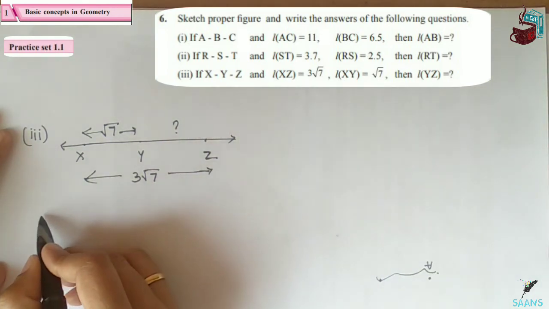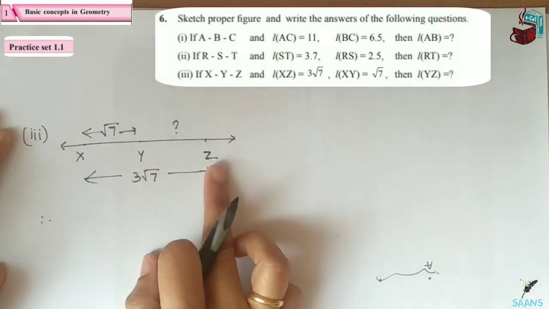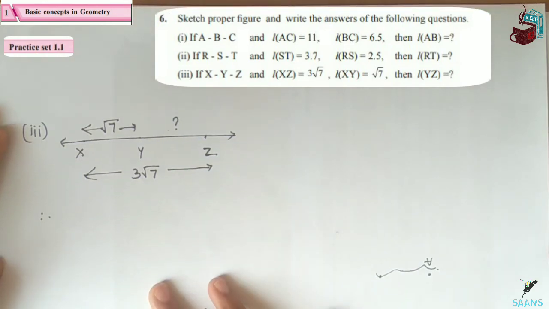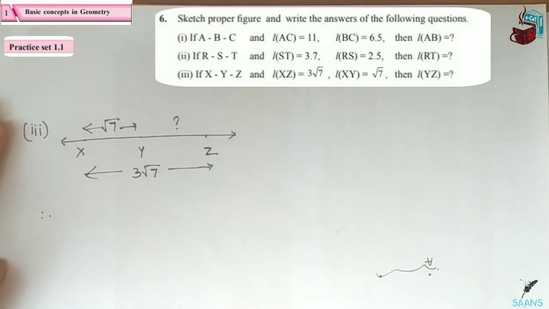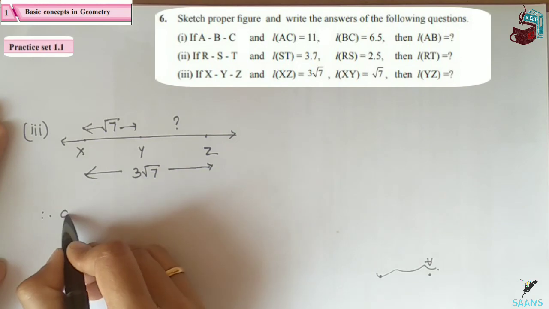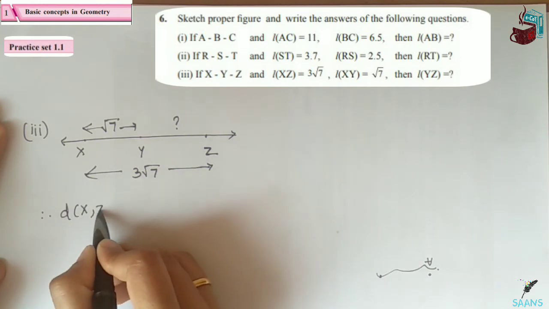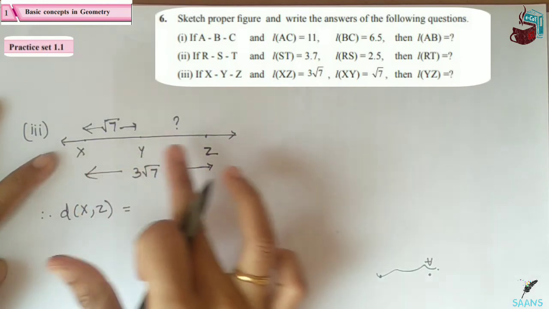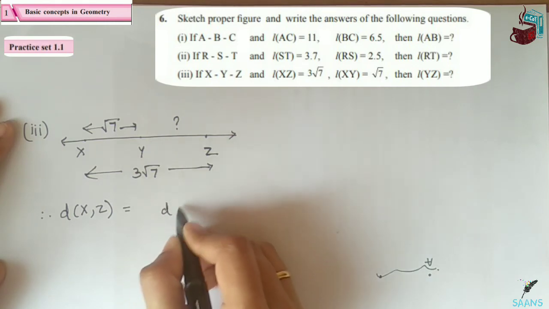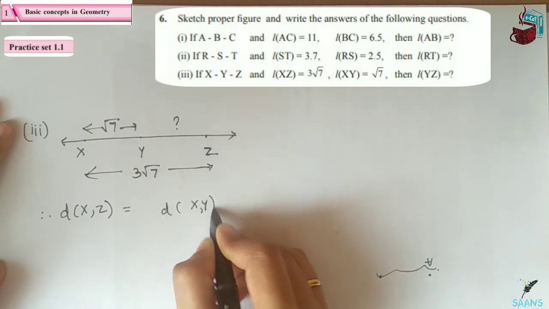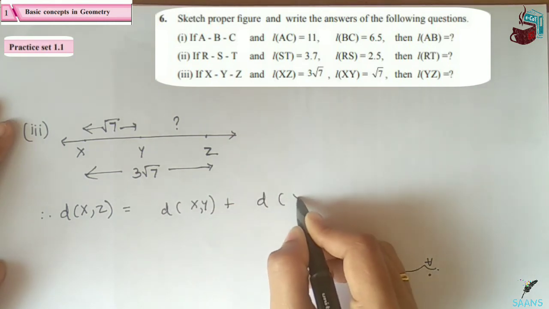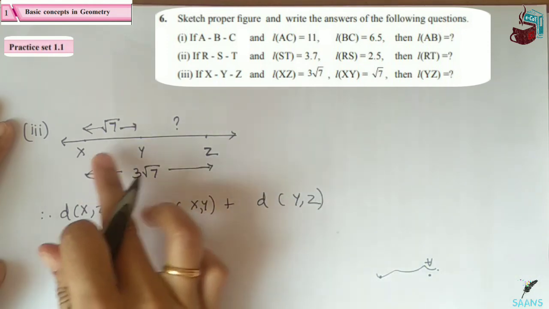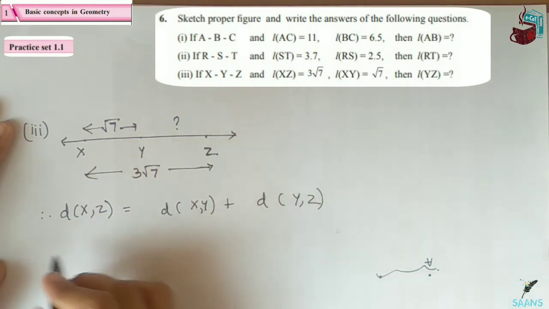Okay, so again corner distances. Here I'm not writing the steps. I don't want the video to become too big. So distance X comma Z is equal to distance XY plus distance YZ.